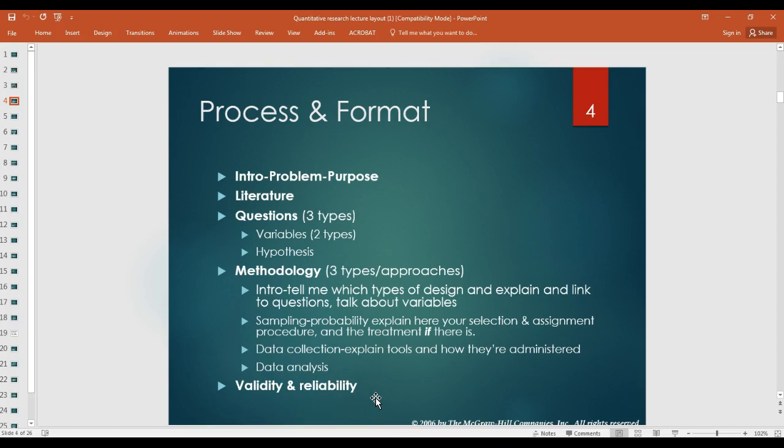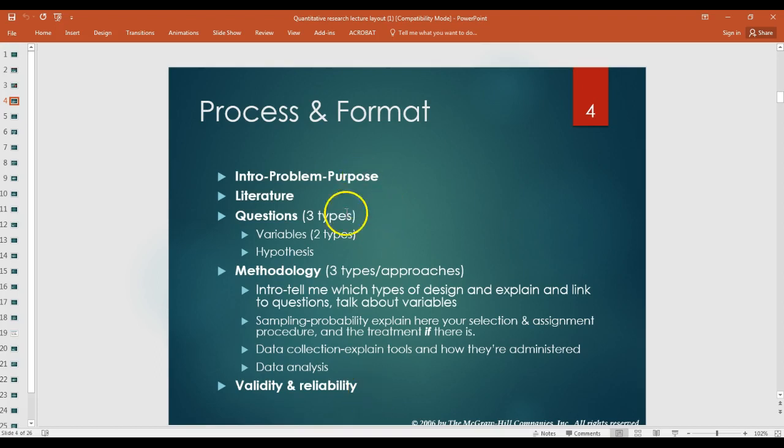So both qualitative and quantitative start with an intro, the statement of your problem and your purpose, and you discuss your questions, right? Then you research your literature, you write your methodology, and then validity and reliability, or what it's called trustworthiness in qualitative research, right?